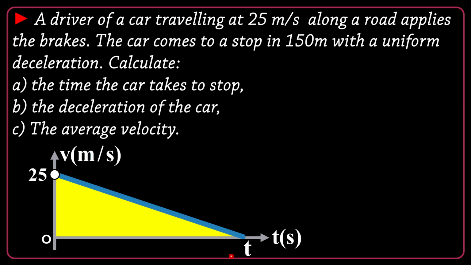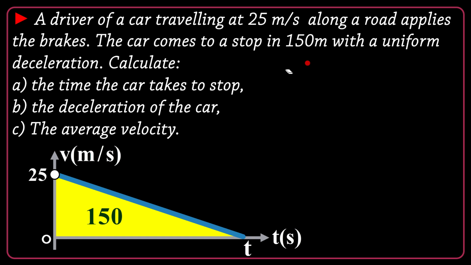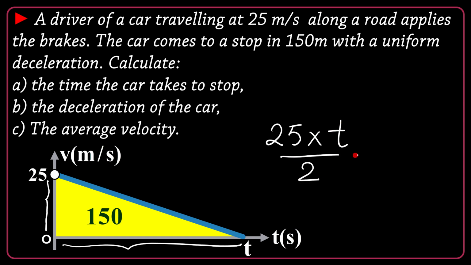Geometrically, this triangle has the area under the graph to be 150. So I know the area of the triangle. So what should I do here? One side is given and the other side is wanted, so it's very easy to find. Just multiply 25 by t divided by 2. Geometrically, it's equal to 150.